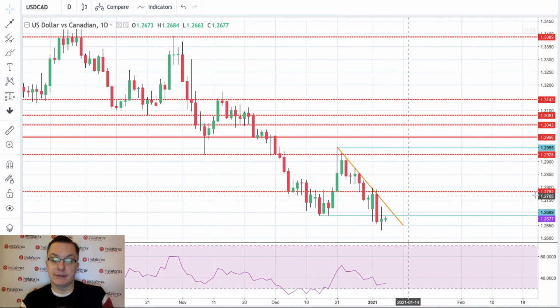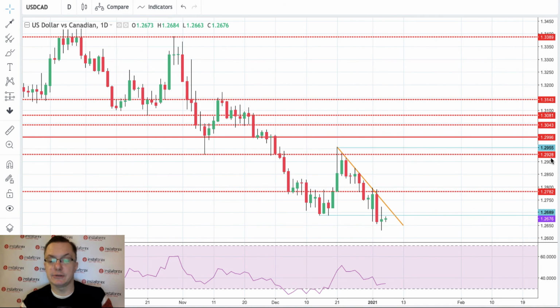If 1.2782 is violated, and we have a daily time frame candle close above this level, then of course the next target is a little bit higher, 1.2928, 1.2955 as a top of the rally, but the technical resistance is 1.2928.